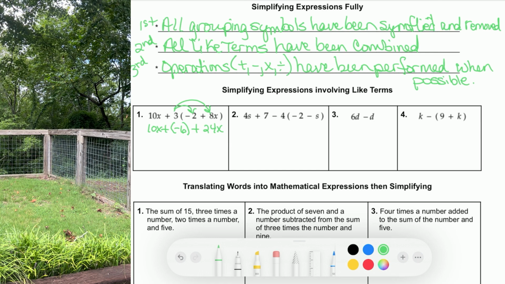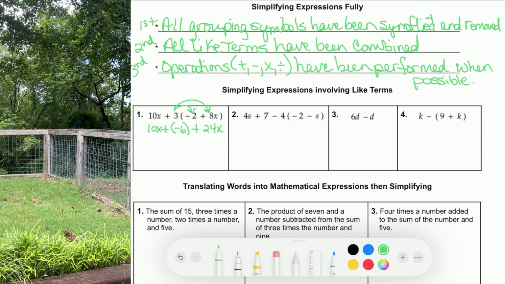Okay. I can multiply 3 times something with a variable. They don't have to match. It just has to match in addition and subtraction. So that's key. All right, so now I need to look at my problem. I've got a 10x and I have a 24x, but I also have a negative 6. So I have to figure out what I can combine.